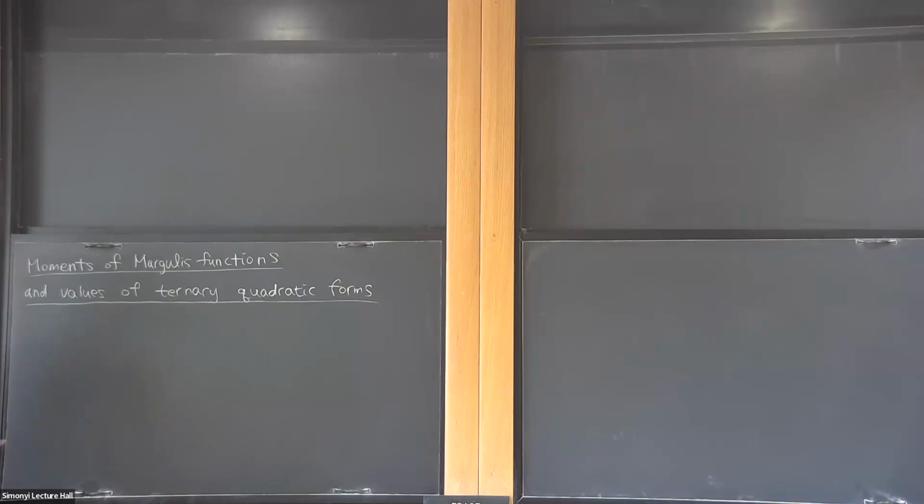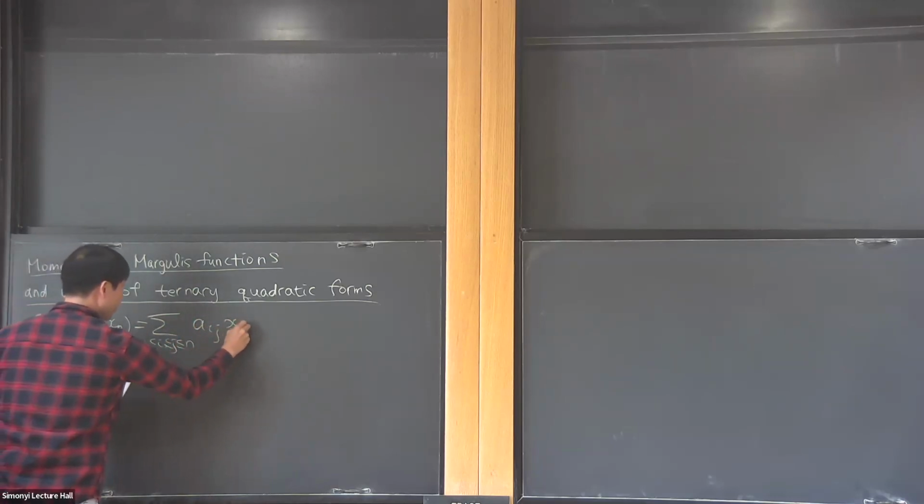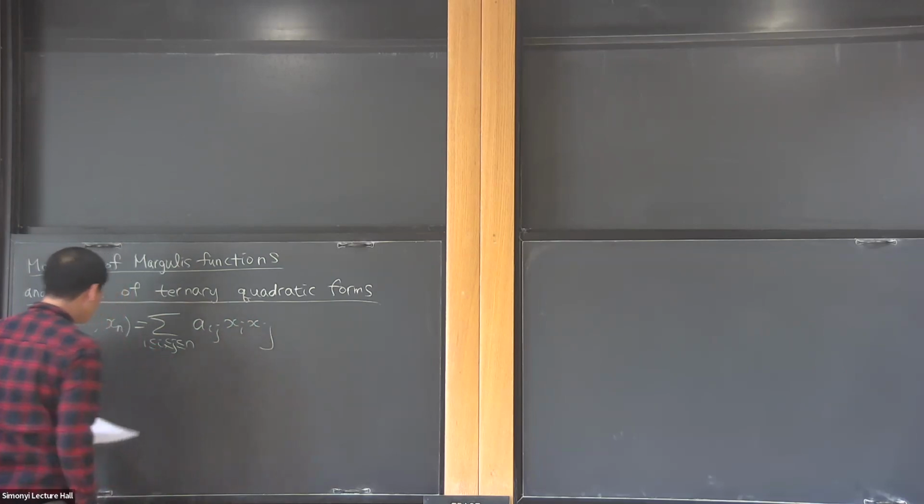So the main object I'm going to talk about today is a quadratic form, let's say in n variables, given by the sum of a_ij x_i x_j.